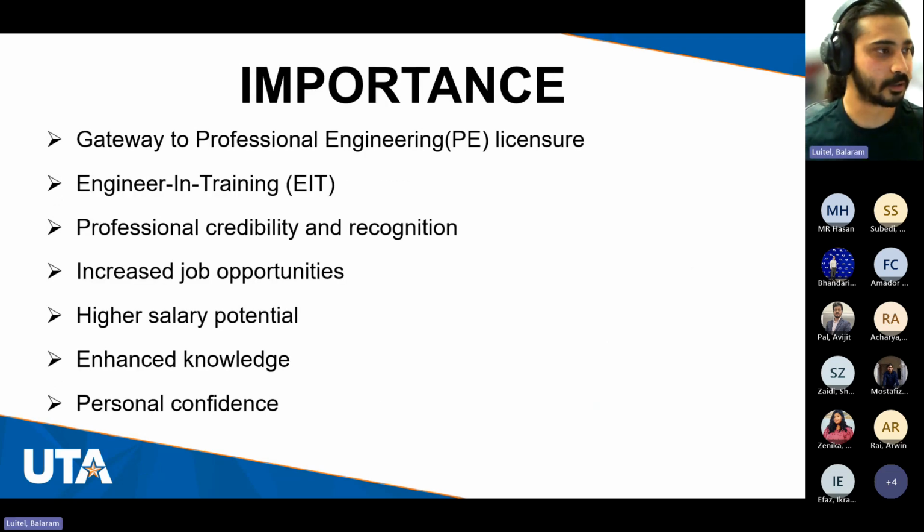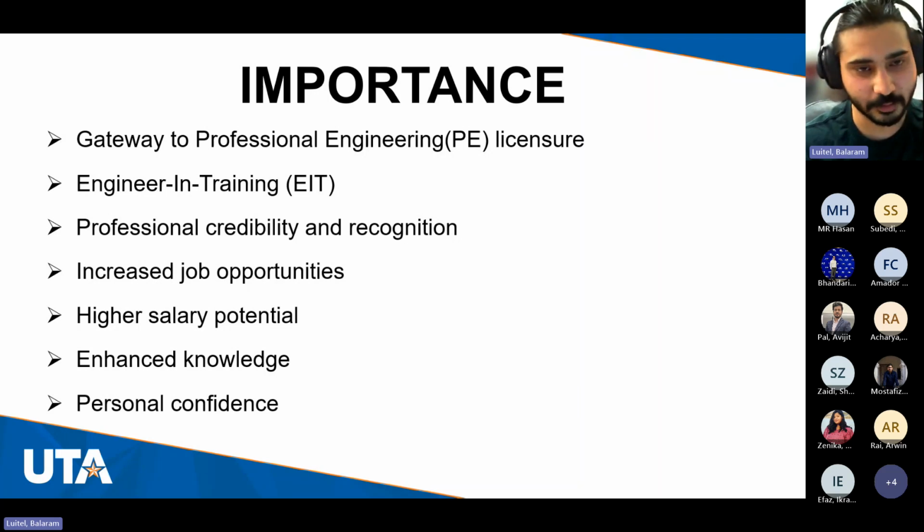The importance of the FE exam, as I said, is that it's a gateway to professional engineering licensure. Once you pass it, you can apply for the engineering training certificate. It increases your professional credibility and recognition, which in turn increases your job opportunities, especially for early career or entry-level civil engineering jobs. Having an EIT certification or passing the FE is considered significant credibility, so with better credibility you have a chance for a better salary.